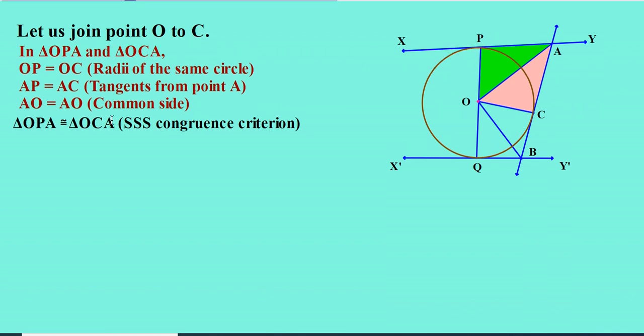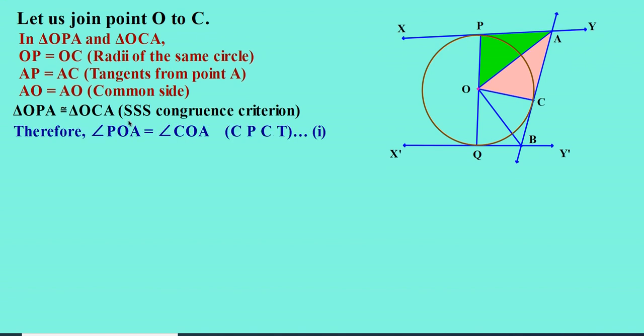If two triangles are congruent, its corresponding angles are equal. Therefore angle POA is equal to angle COA because corresponding parts of congruent triangles. Take this as equation 1.